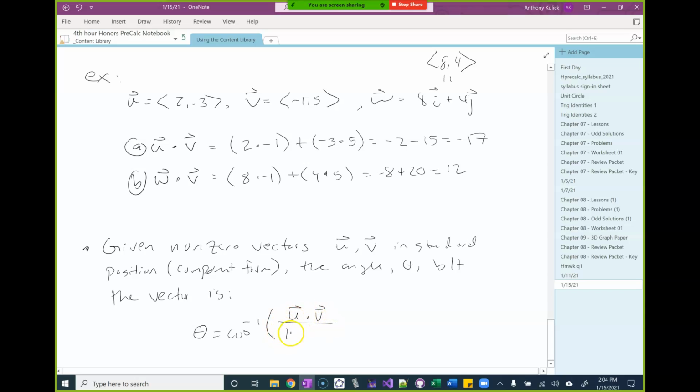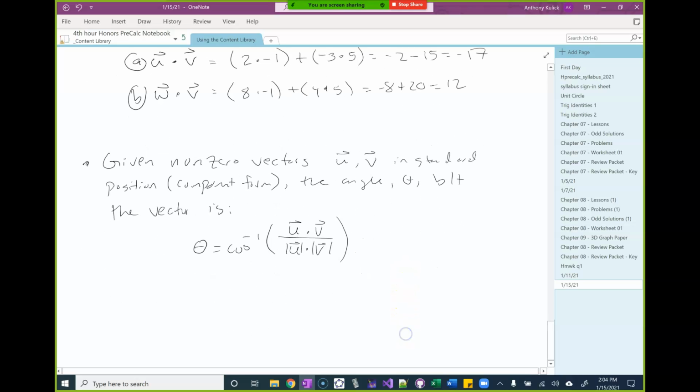So the angle between those two vectors is going to be the cosine inverse of u dot v divided by the magnitude of u times the magnitude of v. So just worth pointing out, here in the numerator, that one is a dot product. Down here, this is just multiplication, because the magnitude is just a number, right?